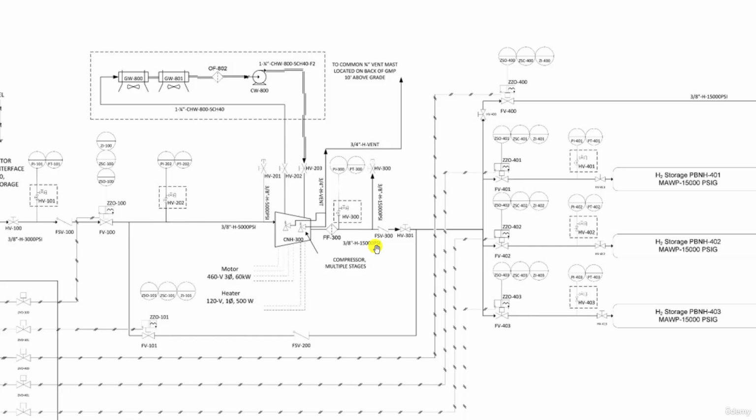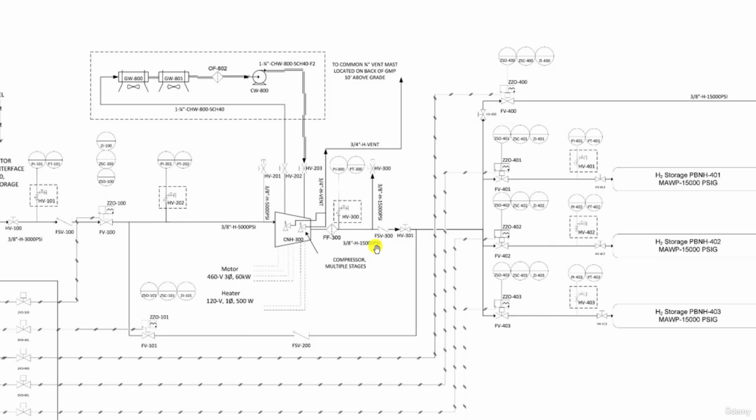So this information is basically telling us that the compressor in this process compresses the hydrogen from 3000 psi to 15,000 psi, therefore providing a pressure ratio of 5. That is 15,000 psi, the discharge pressure, divided by 3000 psi, the suction pressure.